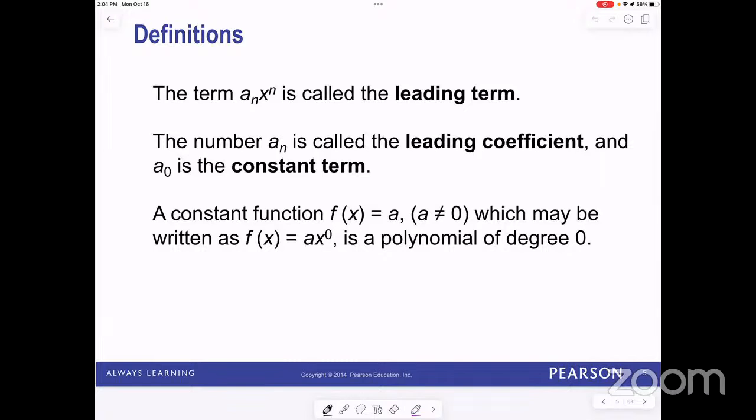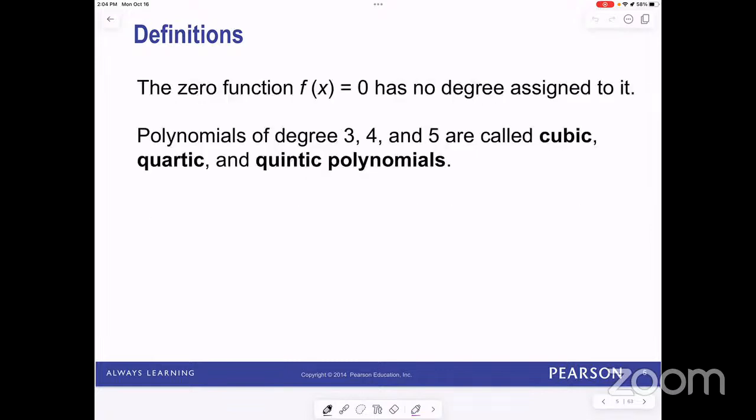So f(x) equal to a number other than 0, like f(x) = 2 or f(x) = 7, is a constant function, called a polynomial of degree 0 because it can be written as that number times x to the power of 0. But the zero function, f(x) equal to 0, has no degree assigned to it.